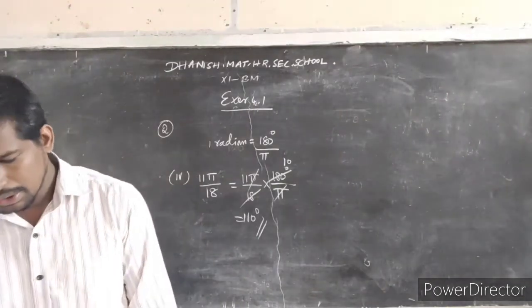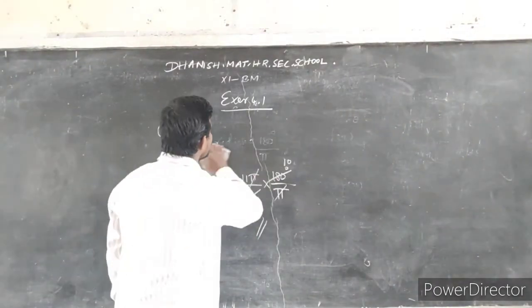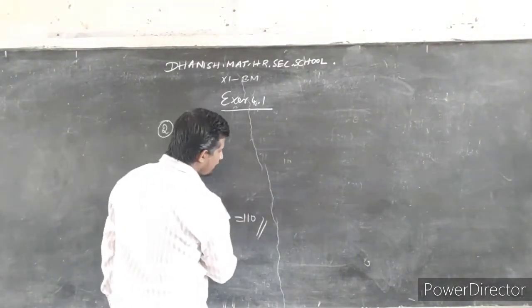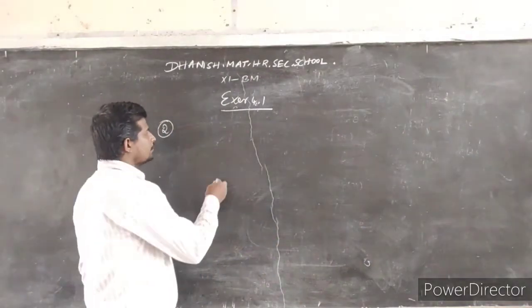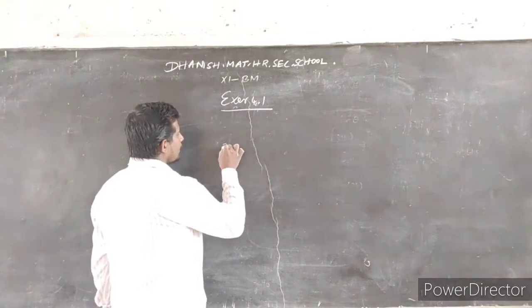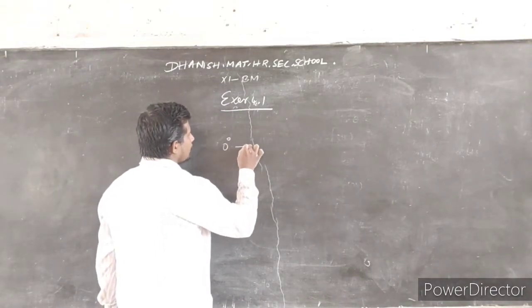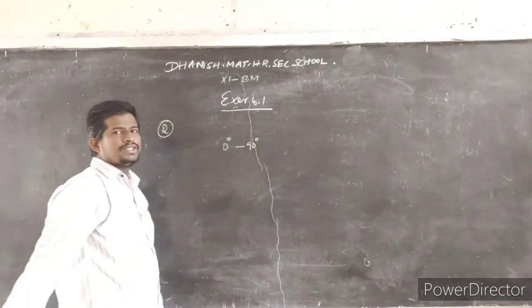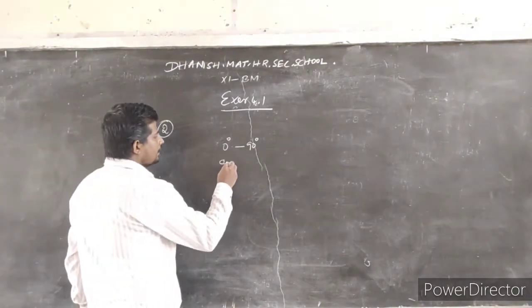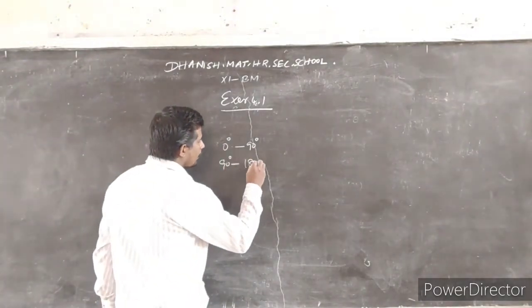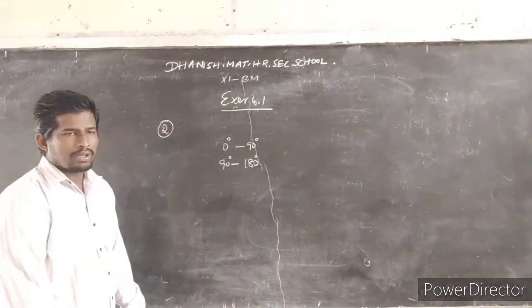Now look at the third one. I already told you the angles between 0 degree and 90 degree lie in the first quadrant. The angles between 90 degree to 180 degree lie in the second quadrant.